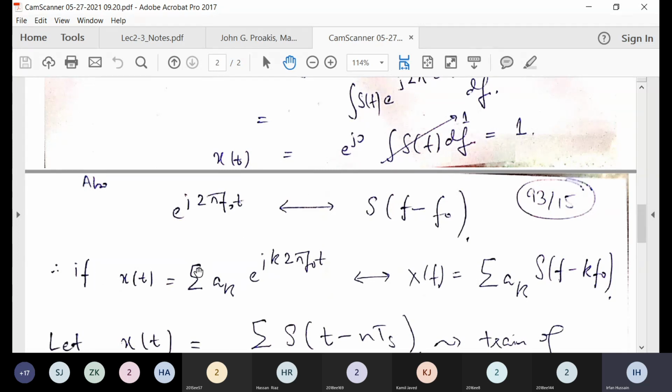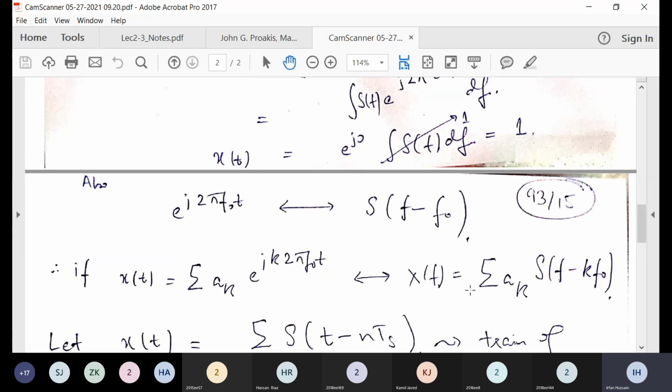You can write any periodic signal as a scaled sum of its harmonics. Now, taking the Fourier transform of this Fourier series representation, e to the j k will just become f minus k f naught, and then summation will also result in summation.